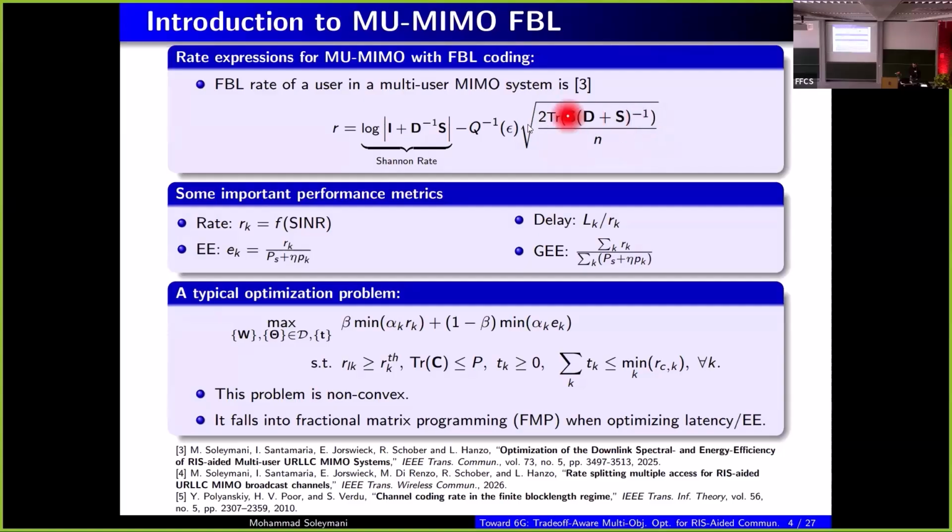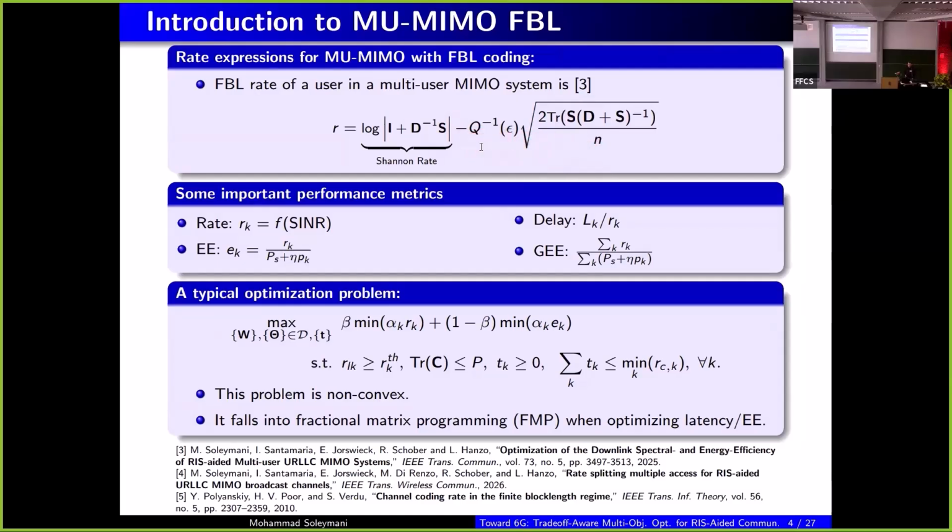Here, S would be the covariance matrix of the signal we want to decode, and D would be the covariance matrix of interference plus noise. And as you can see, whenever you have a shorter code word length, then the rate would be reduced.